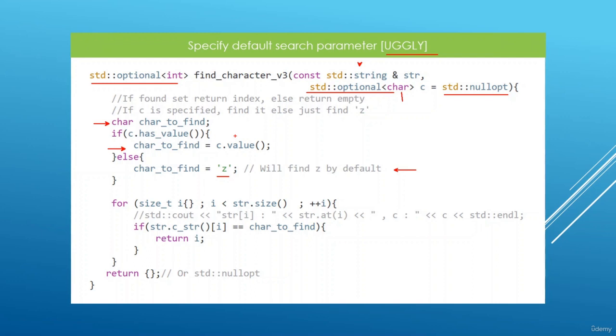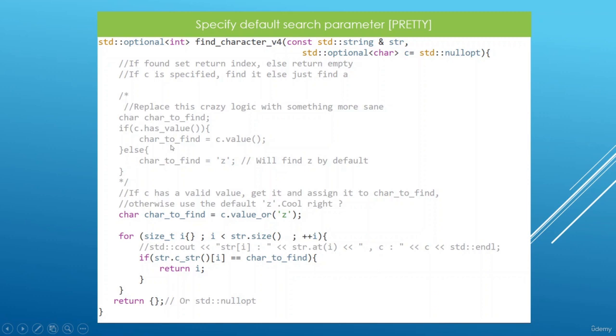This is one way you can do a default search on your string. And this may come in handy depending on the design of your application. But this is really a bad way to do things. We are doing some ugly logic here to try and find our character that we want to find. We can simplify this by changing our code as you see here. And we're going to take out all this ugly logic that we were doing here.